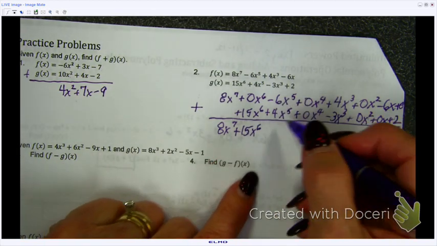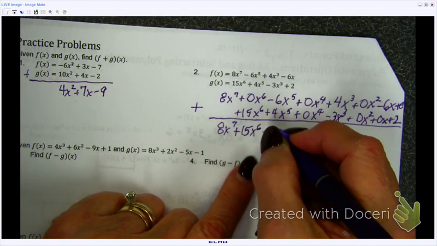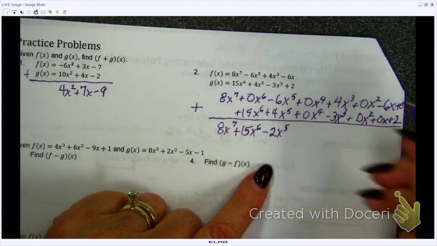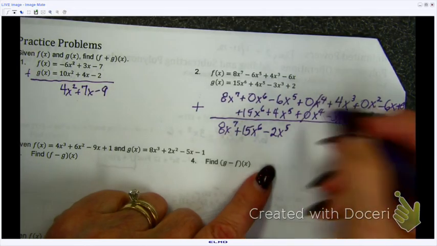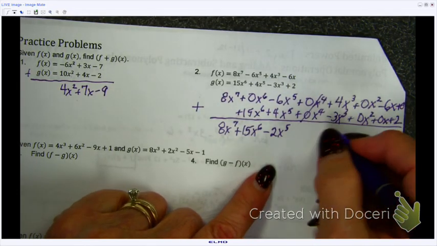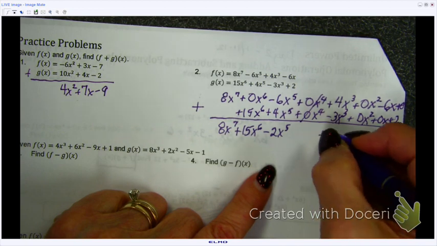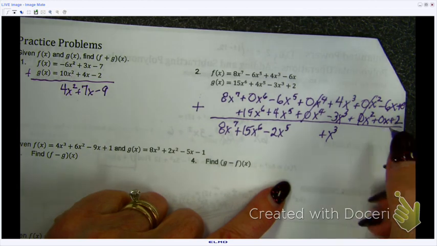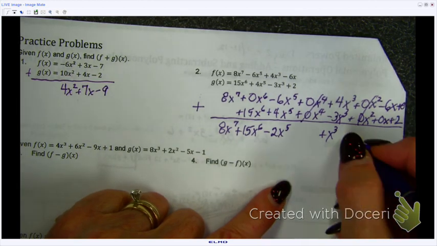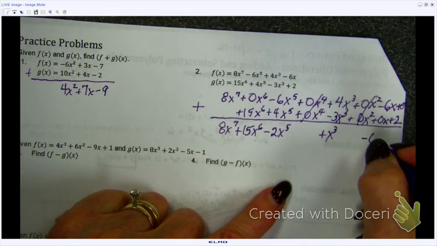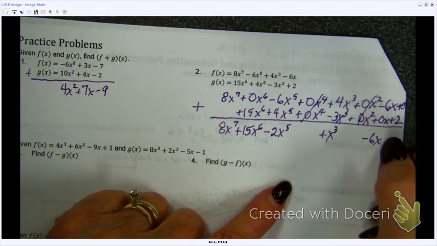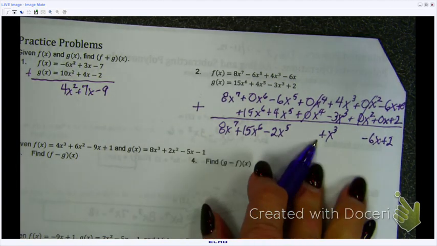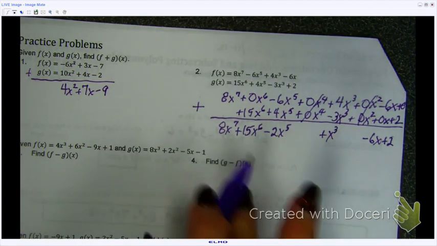Negative 6x to the 5th plus 4 gives us negative 2x to the 5th. 0 plus 0, I'm just going to leave that out of the answer. 4x cubed minus 3x cubed is plus x cubed. And 0 plus 0, we don't have that. Negative 6x plus 0x is negative 6x. And 0 plus 2 is plus 2. So that's your final answer, and if you want to rewrite it all together, you may.